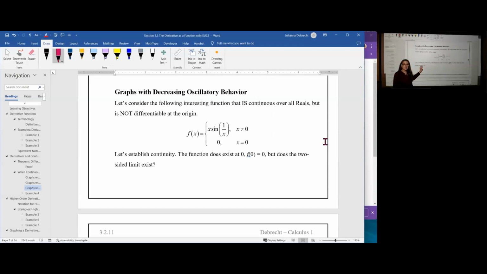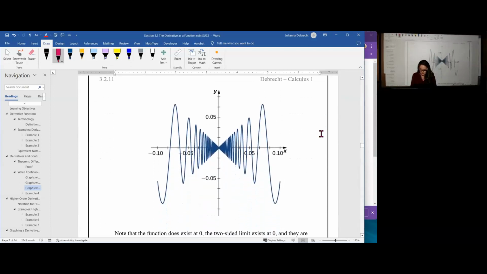Let's establish that it is in fact continuous. Does the two-sided limit exist? Let's take a look at the graph and we can predict from the graph what's happening. All right, when you look at this, can you see that we are using the squeeze theorem?